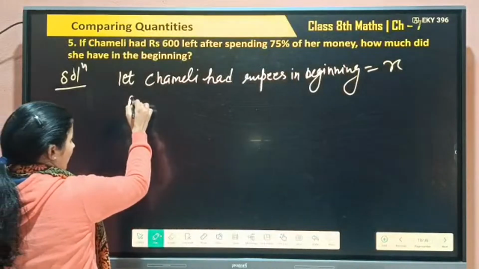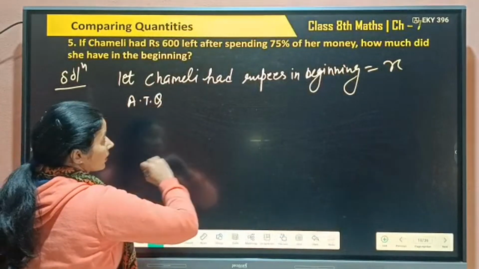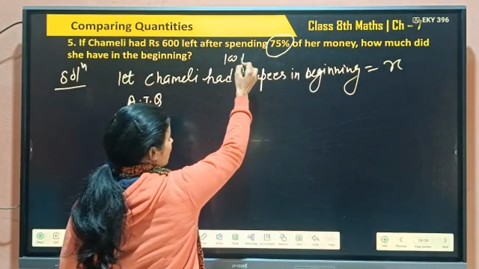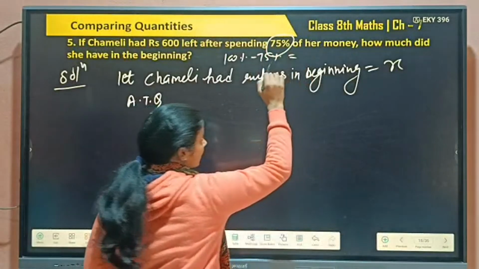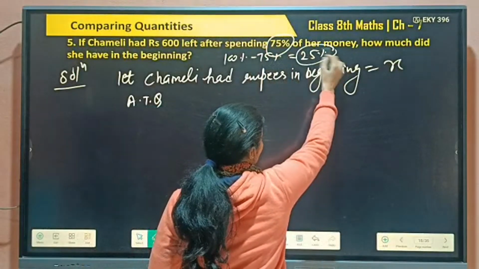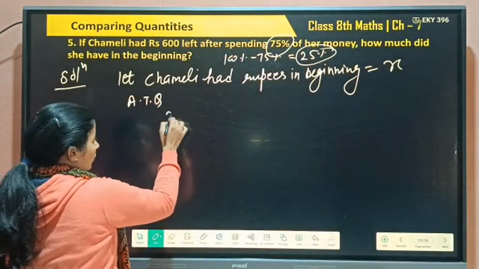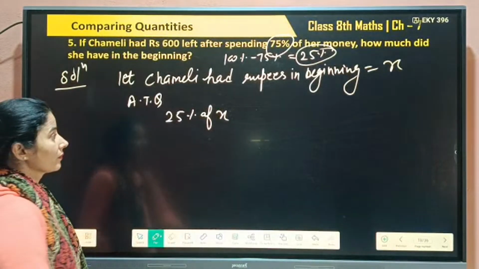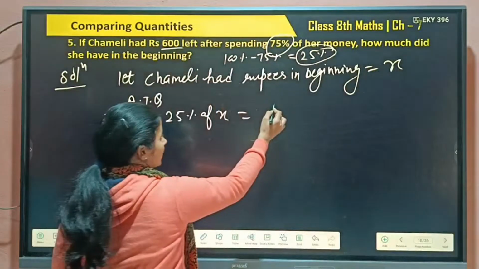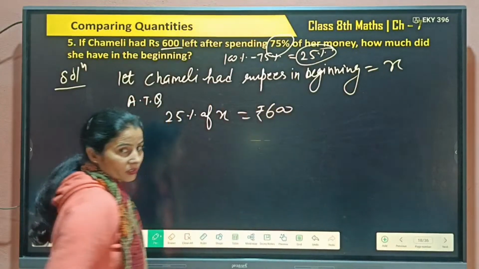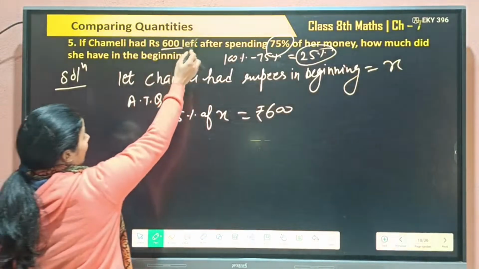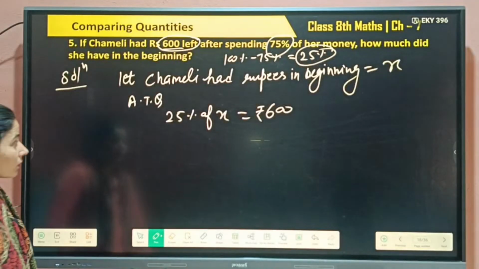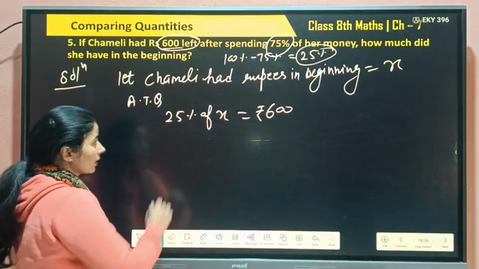Now according to this question, she spent 75%, so from the total 100%, if you subtract this 75%, you will get 25%. This is the left money. You can write 25% of the money in the beginning is 600, because this is the left money. She is left with 600 rupees. So 25% of x will be 600.